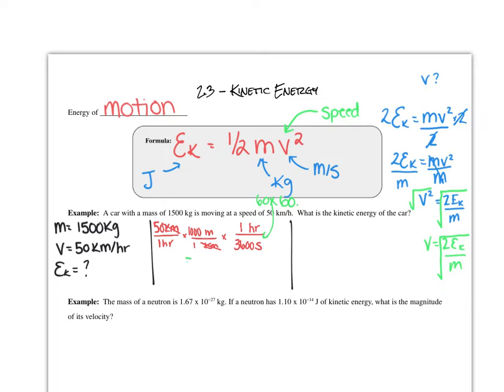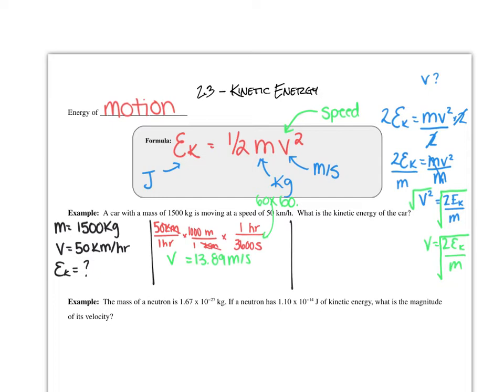Okay, when we finalize that, we get 13.89 meters per second for our speed. Now, because it's not my final answer, I don't care how many significant digits you write here. I wouldn't recommend writing every number in your calculator, but you can definitely use more than your final significant digits. Don't round too soon, okay?